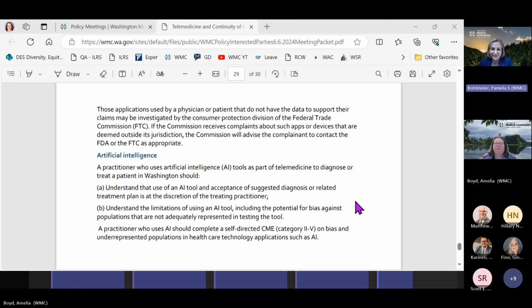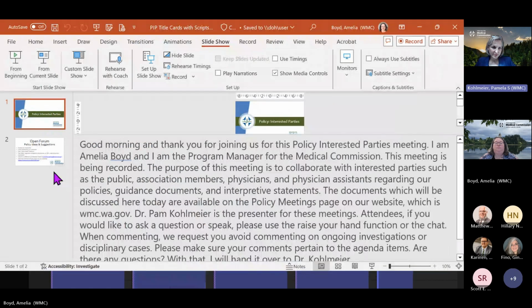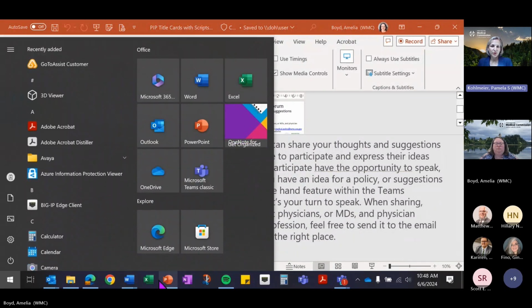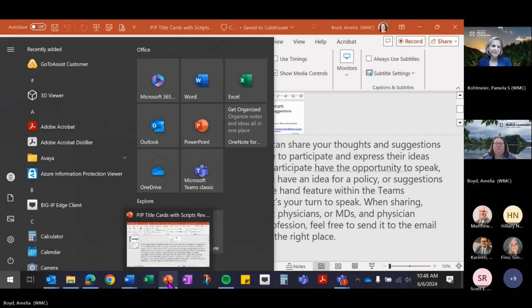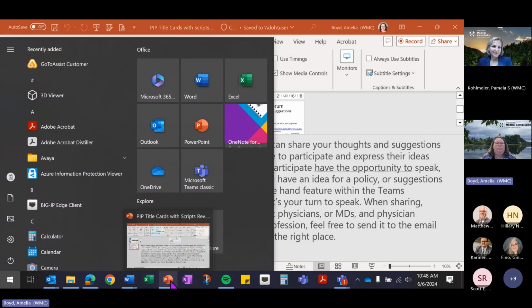Great idea. All right, so that moves us into the open forum, and we started this for the first time at our last interested parties. And Amelia, do you want to read the little blurb? I'm working on it. Hold, please.